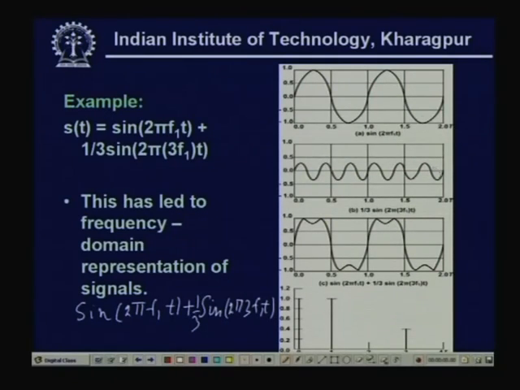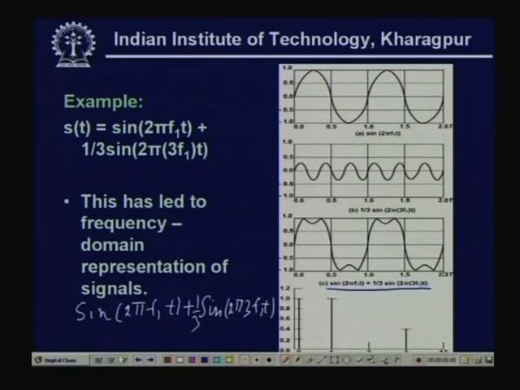Then if we combine these two, we get a signal like this, as shown. If we see it on the oscilloscope in the time domain, we shall get this kind of diagram.